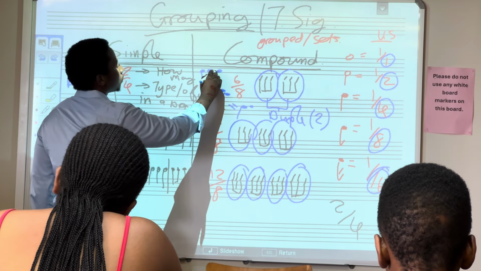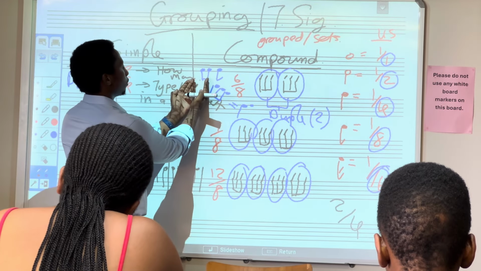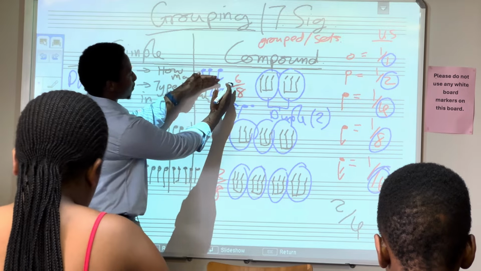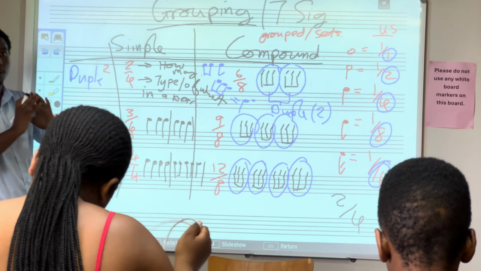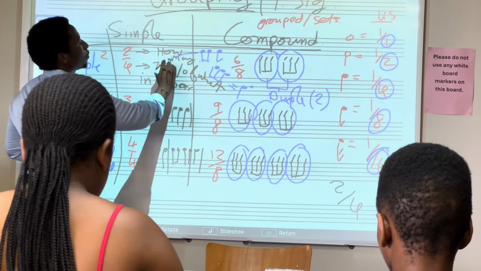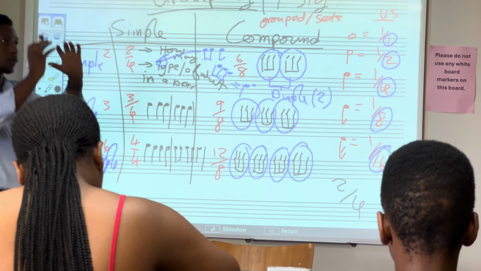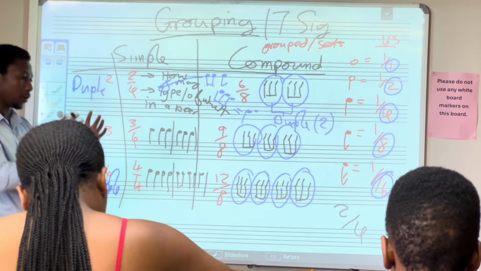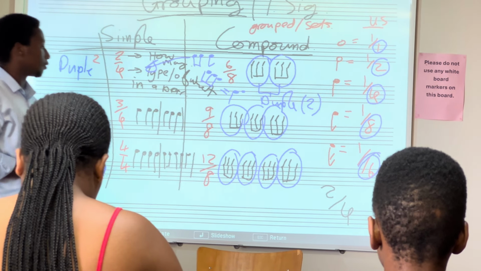Simple time will do this. This is simple time because it sees this as a crotchet and then something else. But compound, they will always try to group 3 quavers together, always. Simple will always do this. They'll try and find the crotchet beat and group this. Crotchet beat, group this. Compound, find the 3 quavers. How do I group a set in compound?